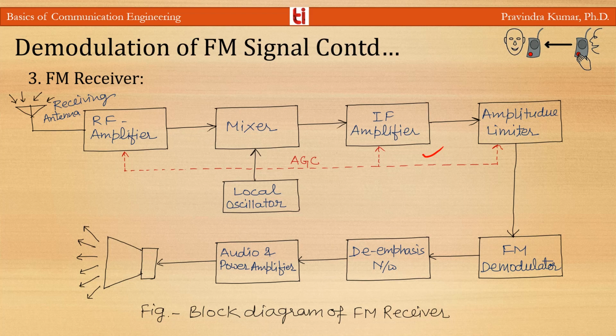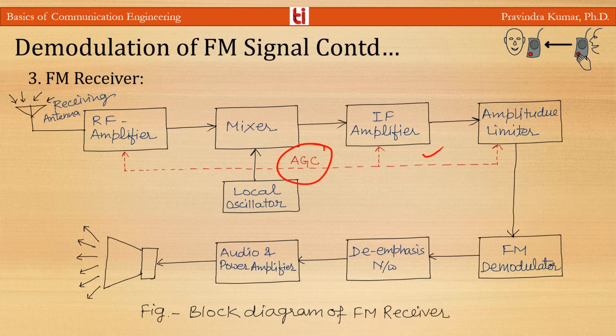The operating frequency in FM is much higher than AM, and FM receivers need circuits like the amplitude limiter, de-emphasis, and the FM demodulator. The third point, FM demodulators are different from AM detectors. And the fourth point, the method to obtain automatic gain control, AGC, is different in FM receivers.